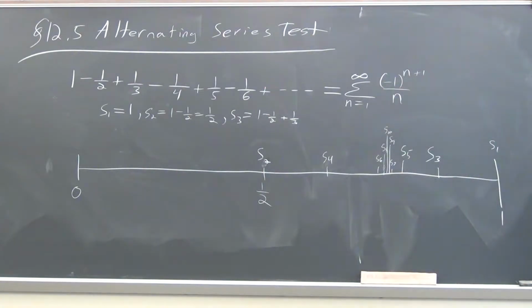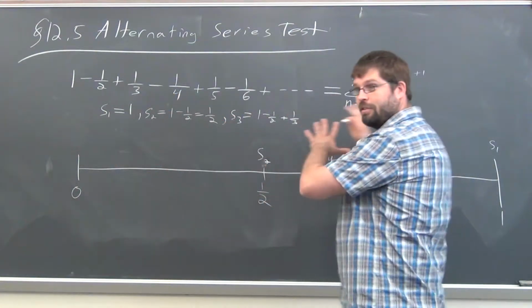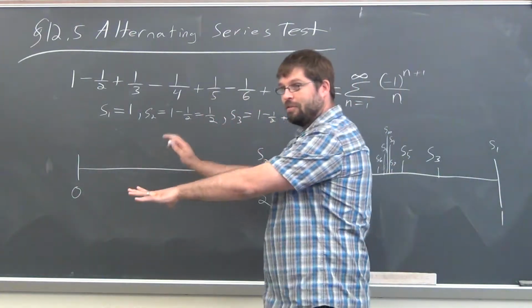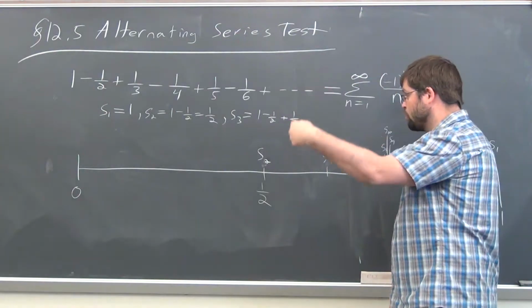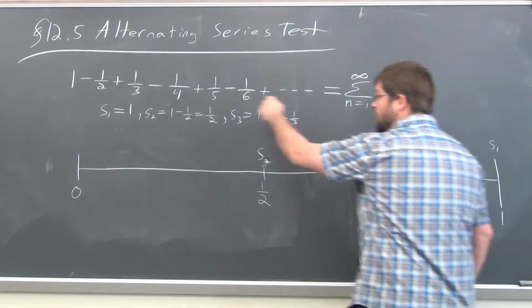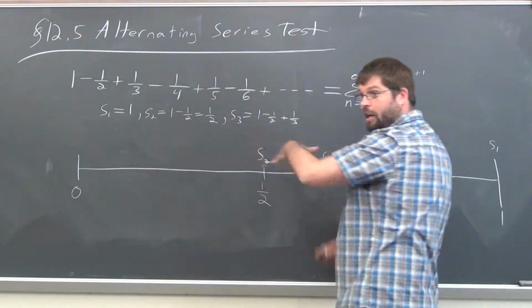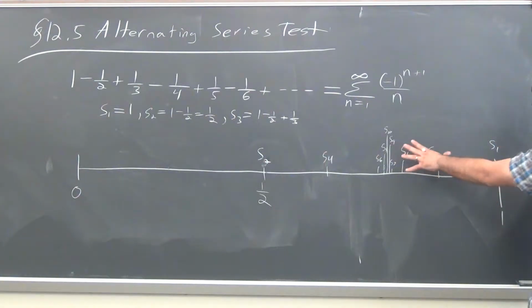Okay. Now there's certain conditions about this, right? It required that we had a positive, and then a negative, and then a positive, and a negative. It also required that these terms were getting smaller so that you didn't go from here to here and then jump back over here, right? You have to have some consistency about the size of things. And so that's what the theorem will say, but essentially this is the proof.